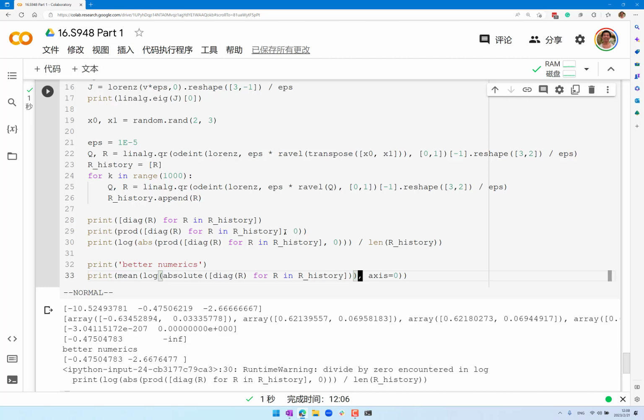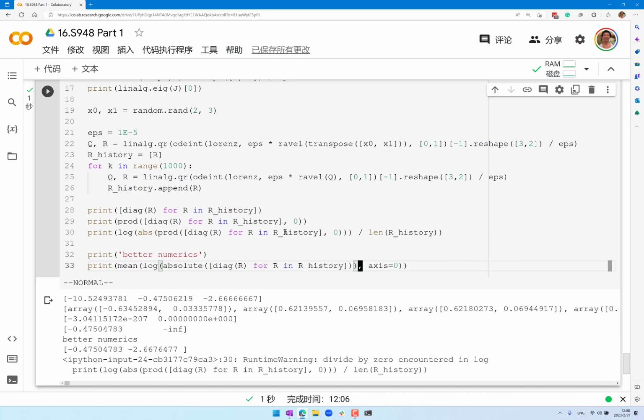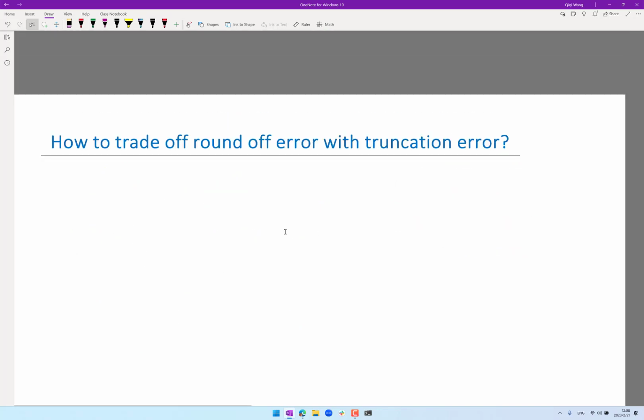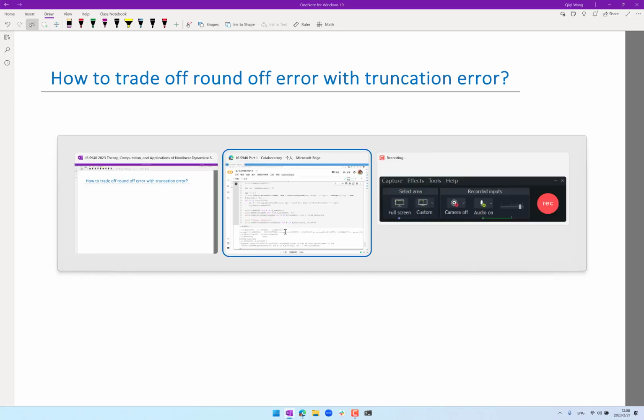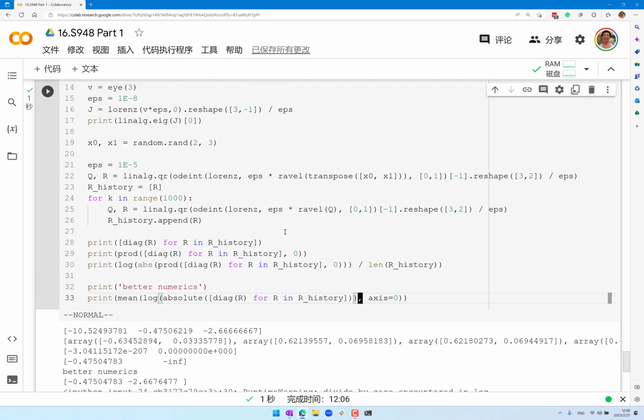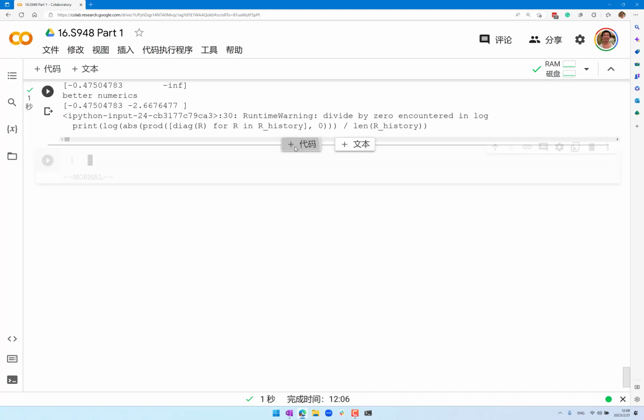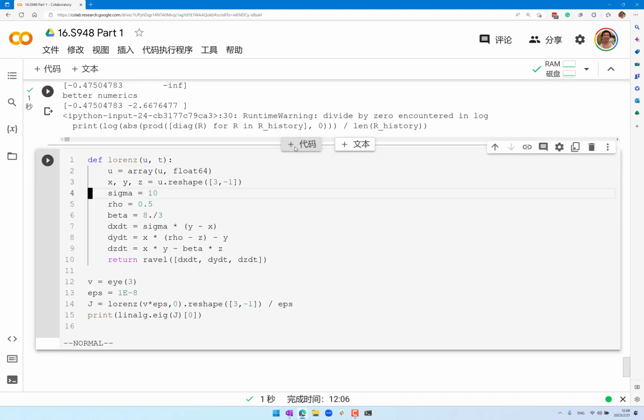Okay, so this leads to our next topic, the trade-off between round-off error and truncation error. To really study that, let's look at the Lorentz system at a slightly different fixed point. Let's modify the Lorentz system and look at our next stage, increasing this rho from 0.5, let's say, to 5.